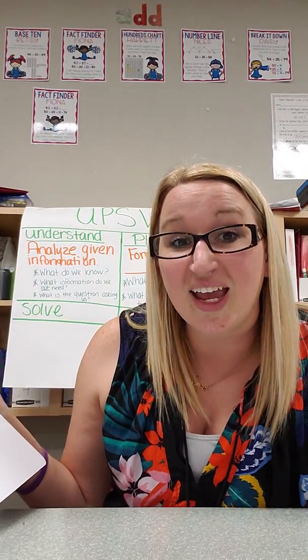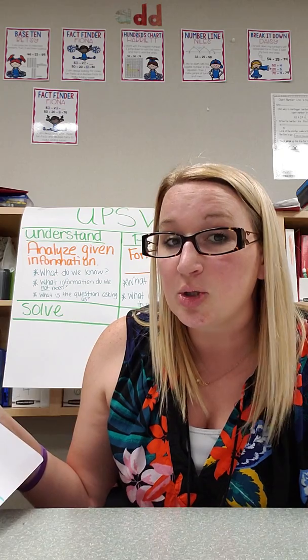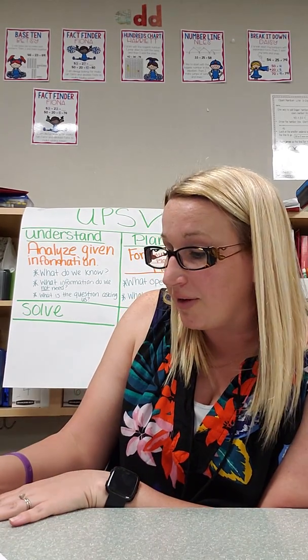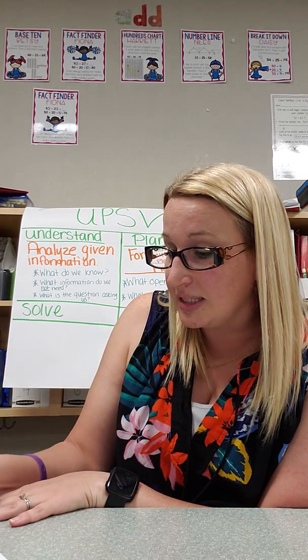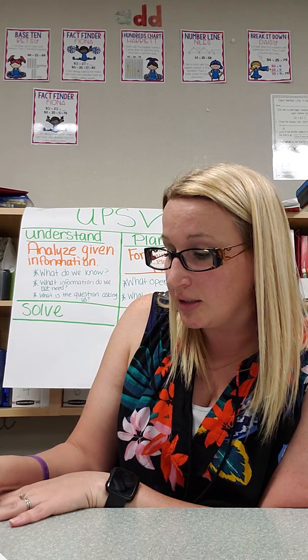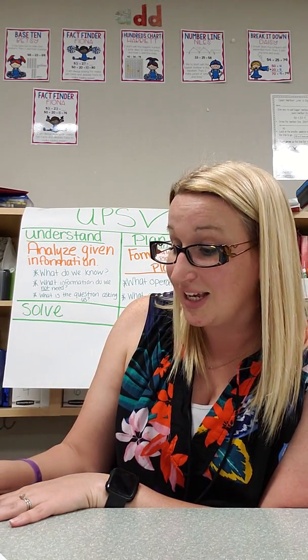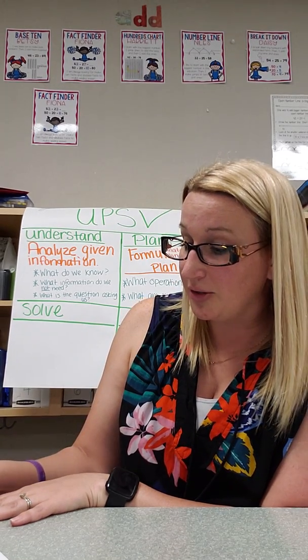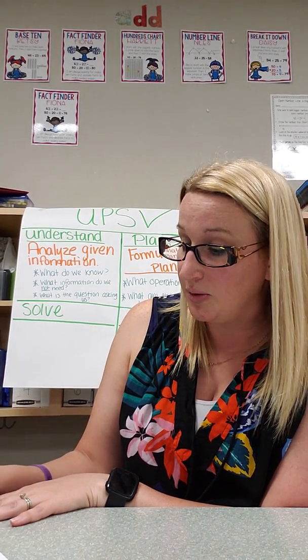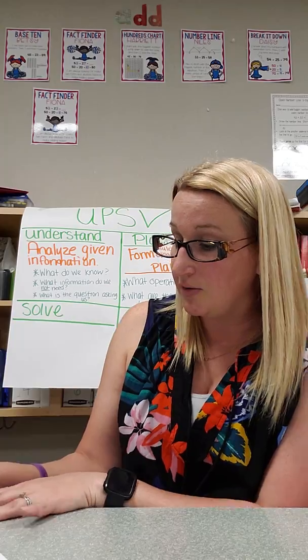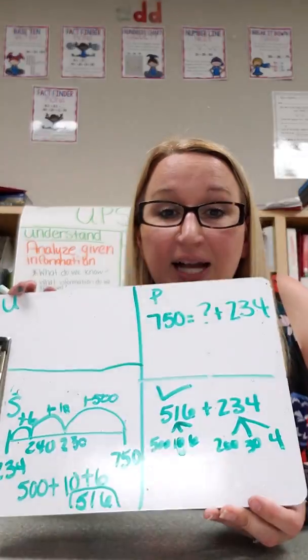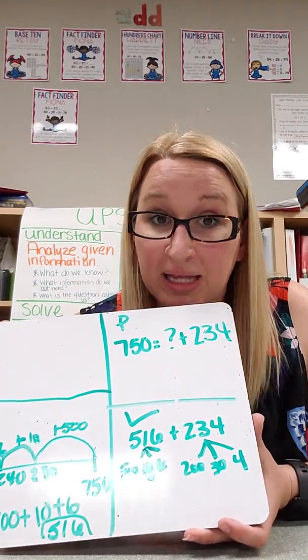So I'm going to decompose these numbers into place values. I know that 516 is decomposed into 500, 10, and 6. 234 is decomposed into 230 and 4, just like that. Then I'm going to add the place values.